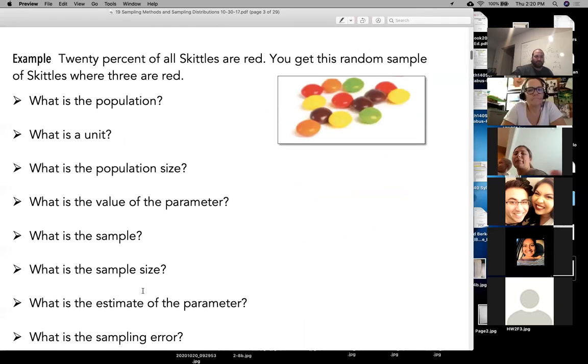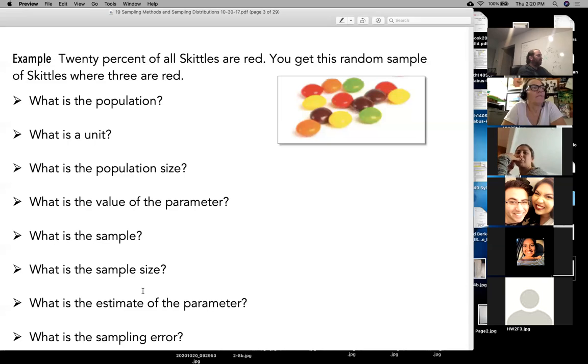So for example, 20% of all Skittles are red. And I happen to get this random sample of Skittles where 3 of them are red. What is the population of this study? Would you divide 3 by 20? Not for finding the population.